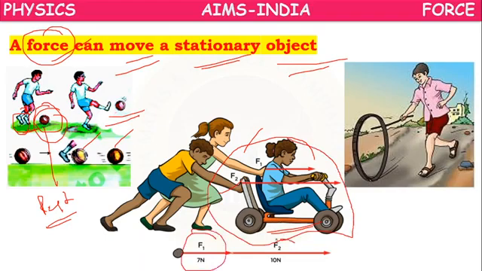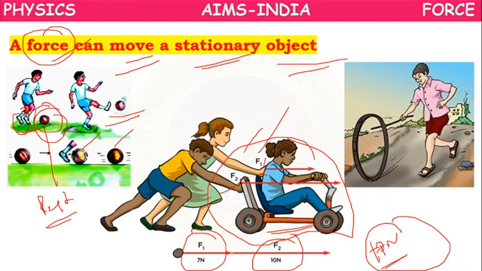With 7 newtons plus 10 newtons, altogether 17 newtons force, they will move the stationary object, the tricycle or the girl sitting on it.